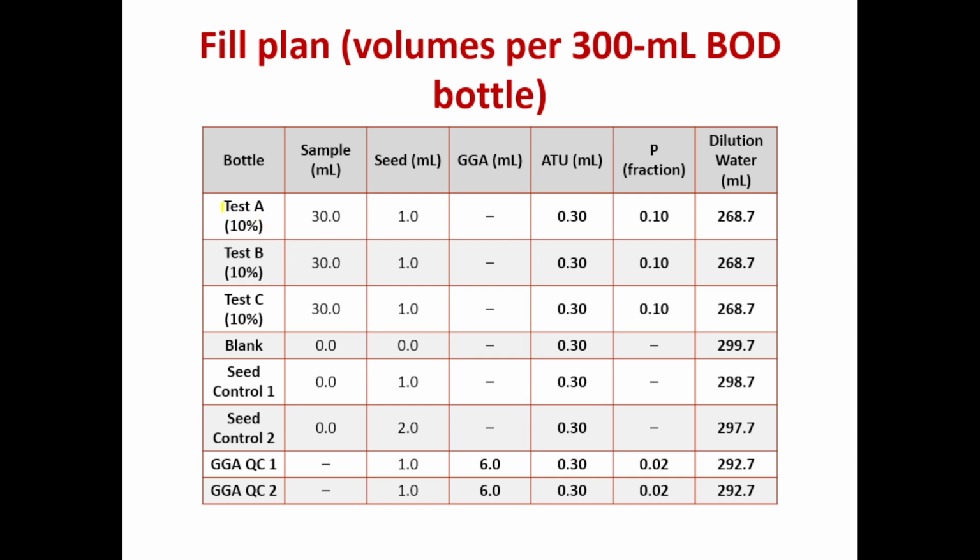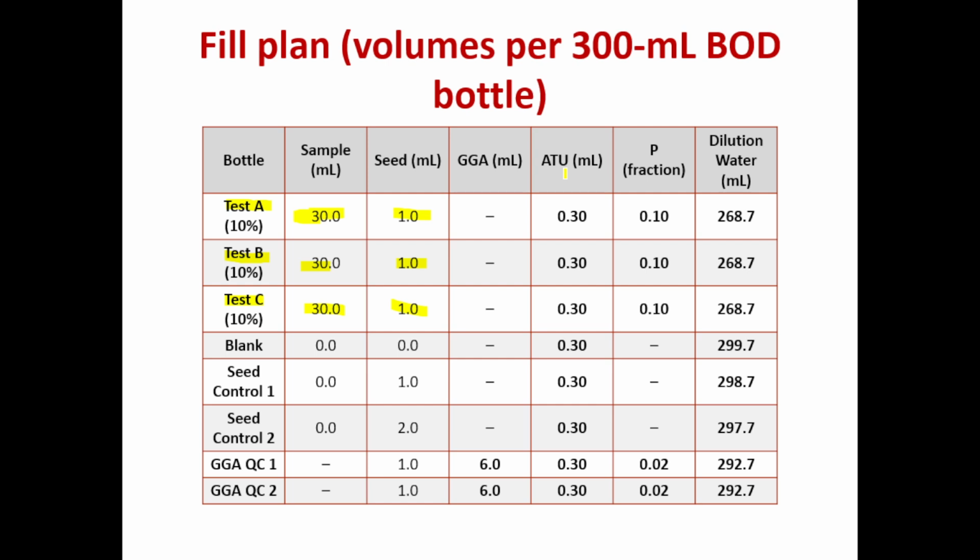For example, in the case of test A bottle 10% dilution, test B bottle 10% dilution, and test C bottle 10% dilution, the bottle size is 300 ml. Then we need to add 30 ml sample each, and 1 ml seed each. In the test, we are not using GGA.